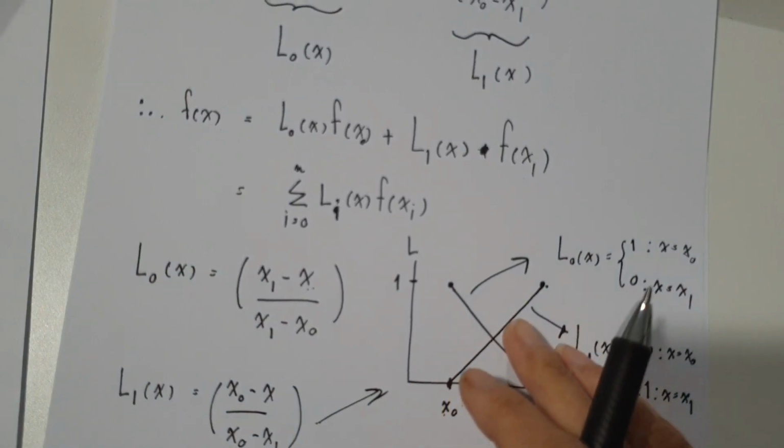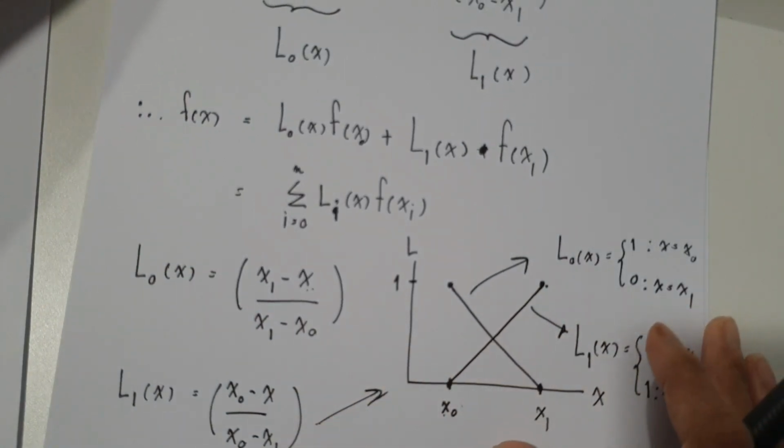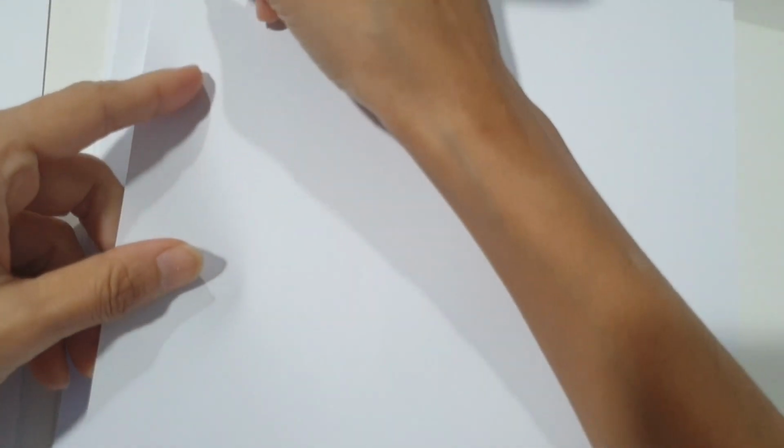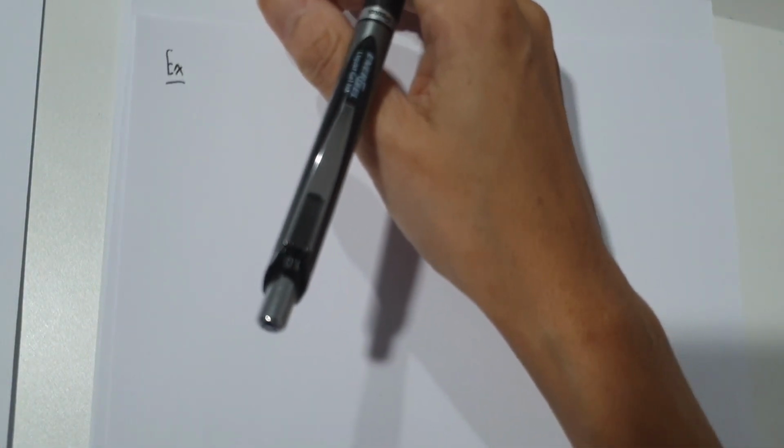Okay, so let's see an example. From this example, I will use the same data points that we used in the Newton divided difference.